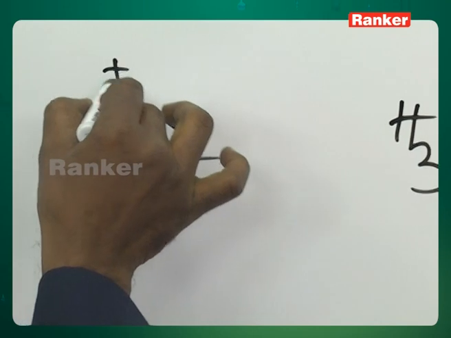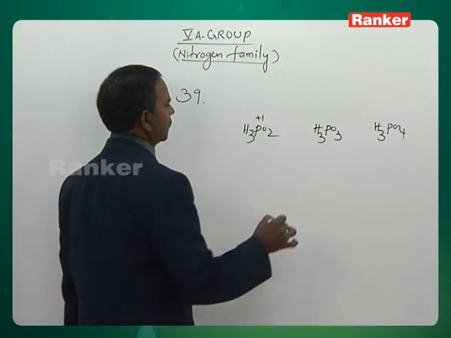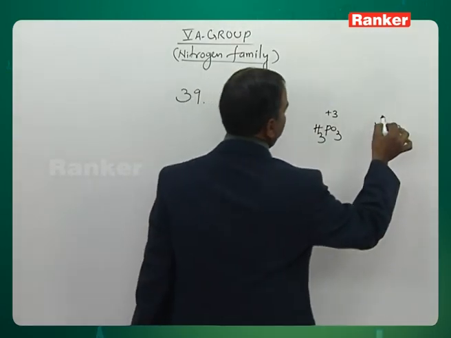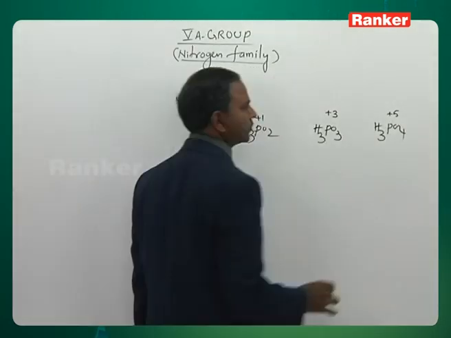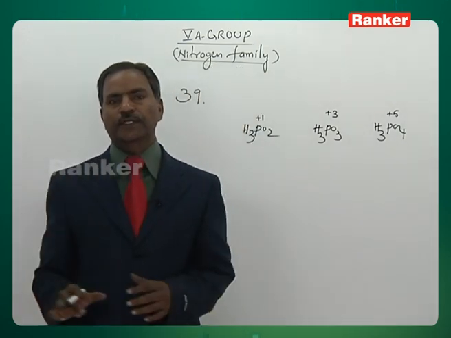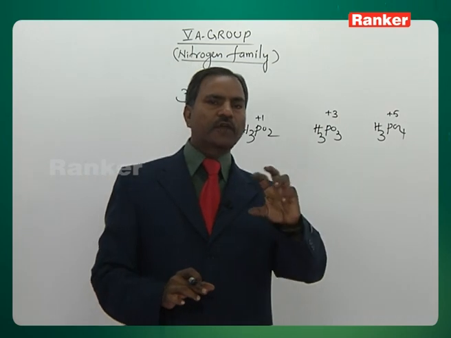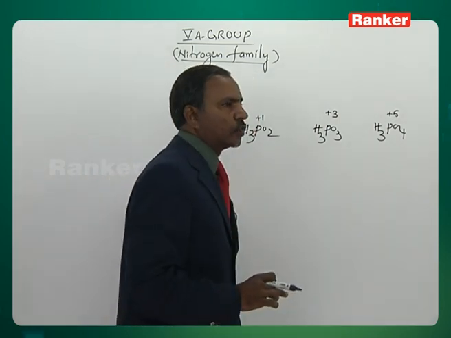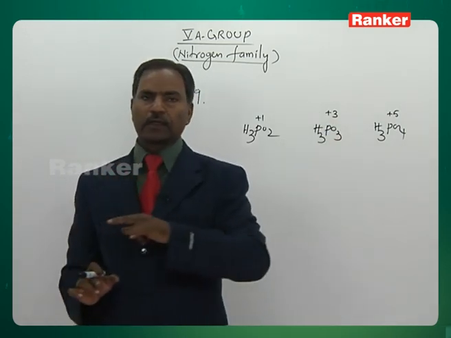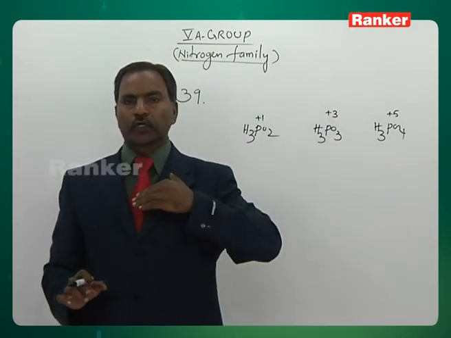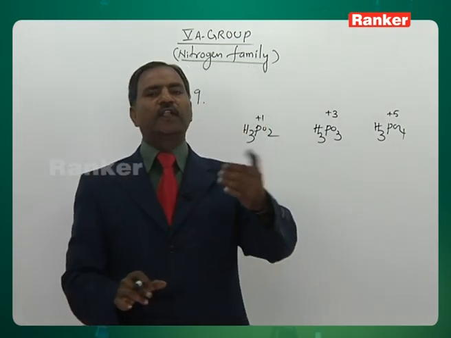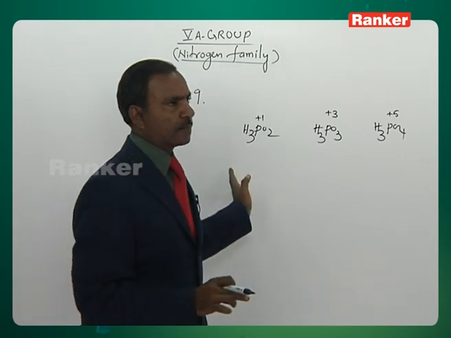In this the oxidation number of phosphorus is plus 1, in this plus 3, in this plus 5. Different oxidation states, but the acidic strength differs only a little. There should be a large difference in the acidic strength once oxidation number is increasing. But the question says very little difference. So this is not the correct option.